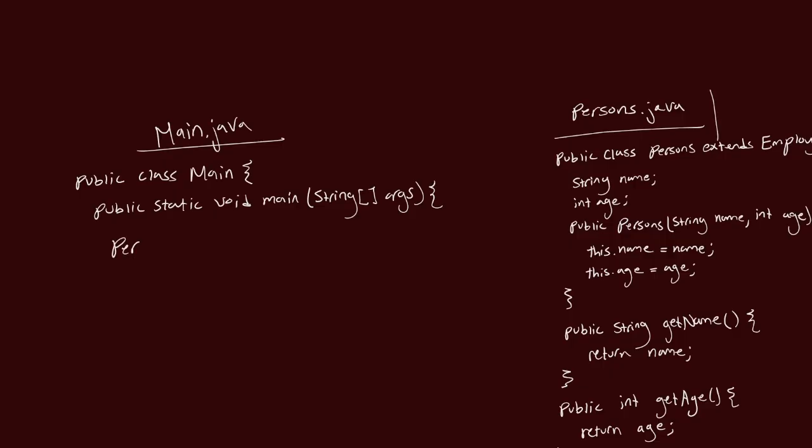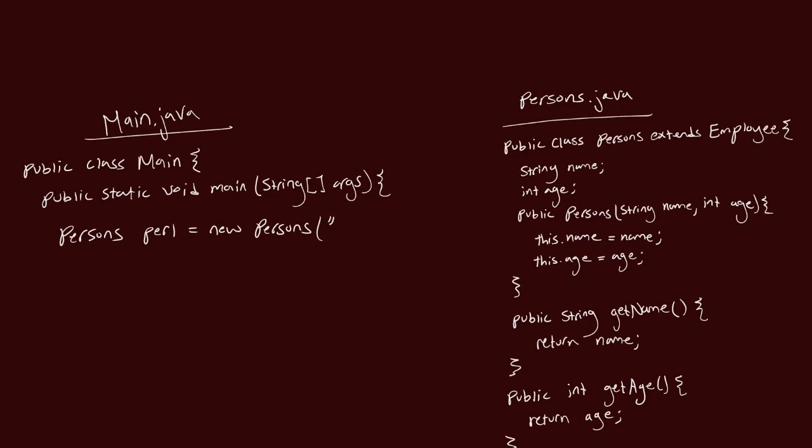So we call this class persons per one equals new persons. Let's have their name be Mike, and let's have their age be 26.